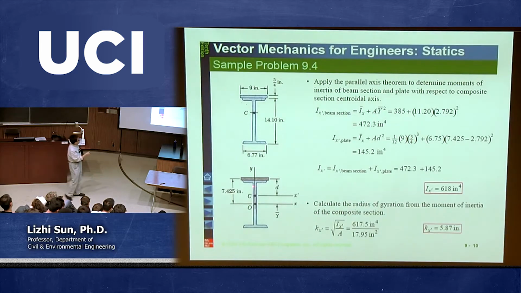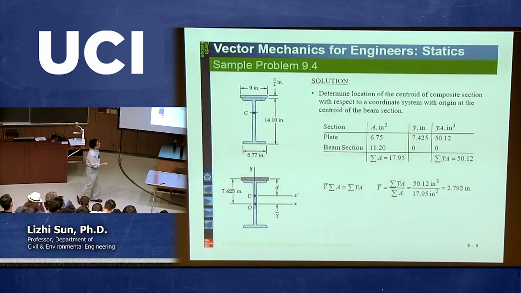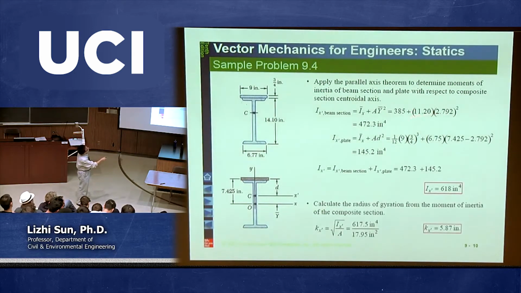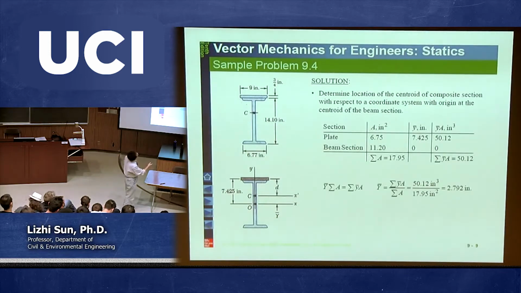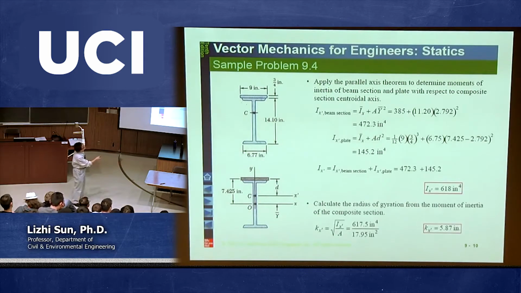What is A? A is the area of this second part, the W14/38. What is the area of this one? 6.75. I'm sorry, not this one, the second part: 11.2. So that's why we put 11.2, that's A, times D squared.